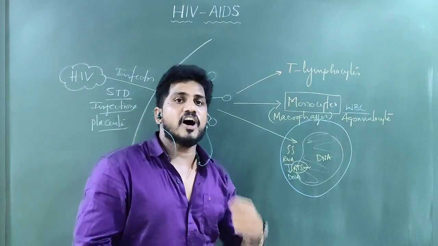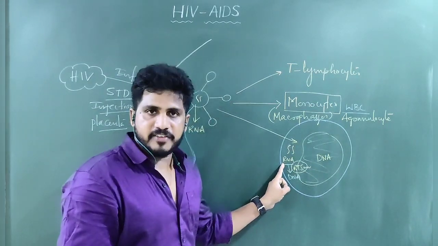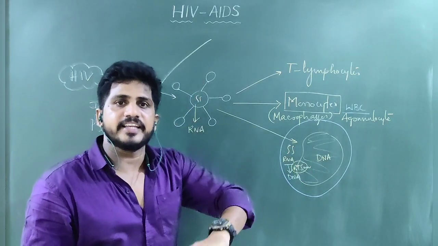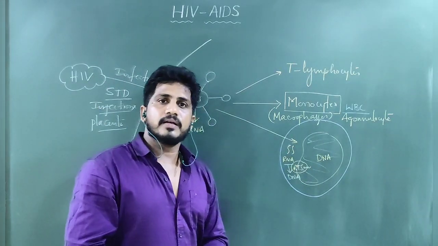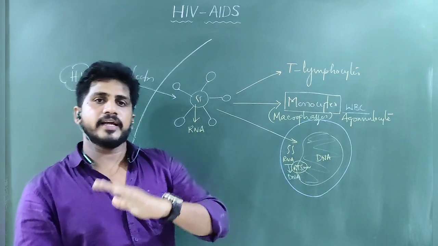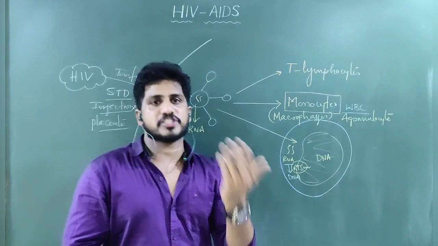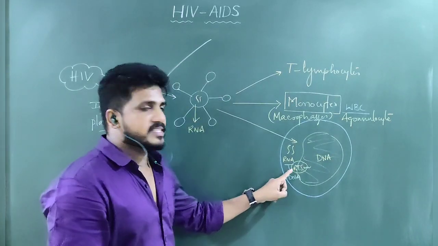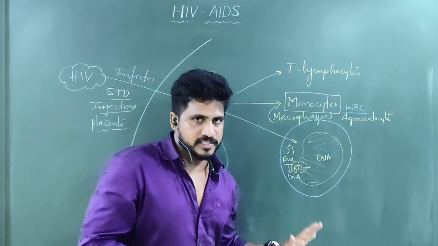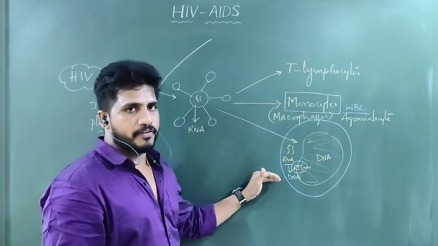Inside the monocytes, after infection, the RNA of the HIV virus converts into DNA in host cells with the help of the reverse transcriptase enzyme. So DNA to RNA is transcription, but RNA to DNA is reverse transcription. The reverse transcriptase enzyme is not provided by our cells. It is brought along with the RNA genome.